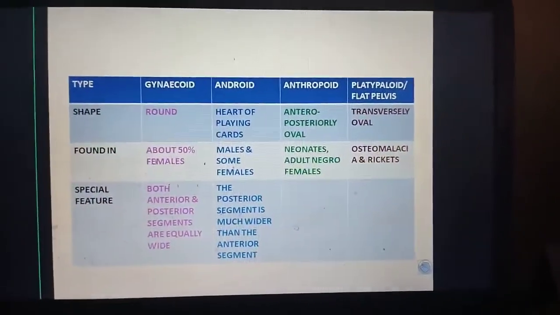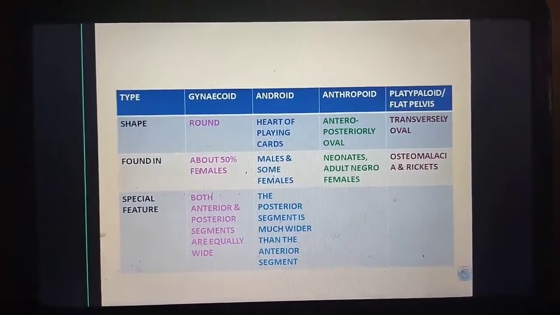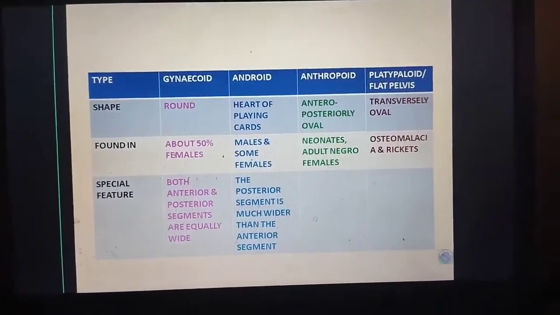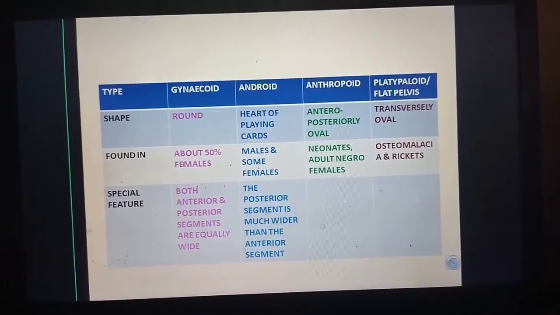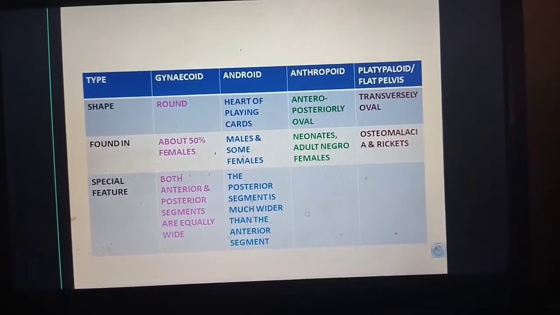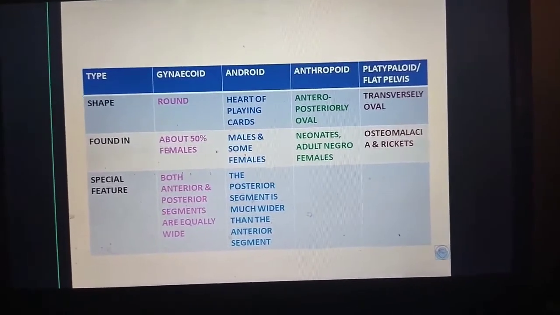Now we come to the classification of pelvis. This classification is made according to the different shapes of the pelvic brim.